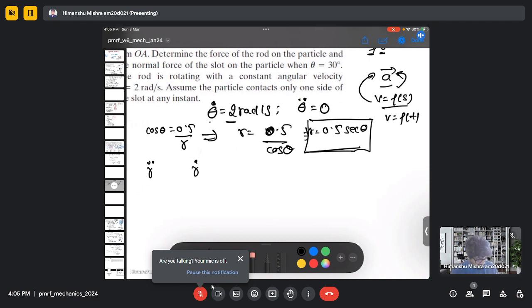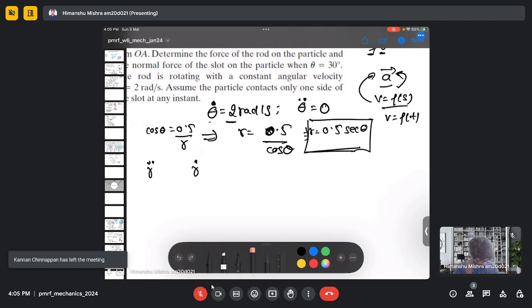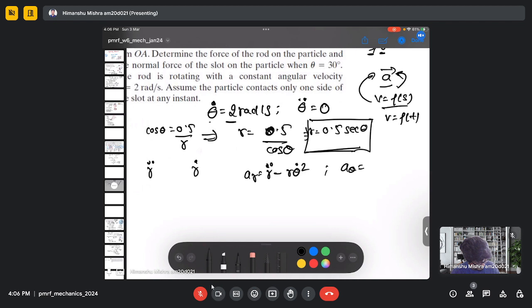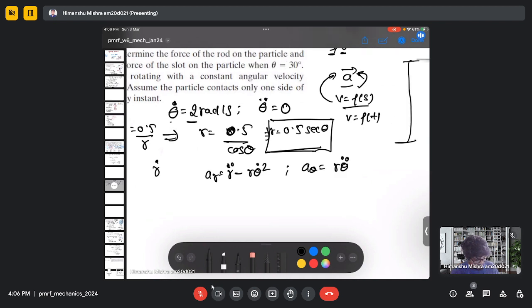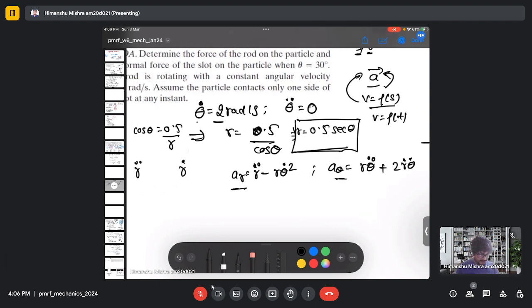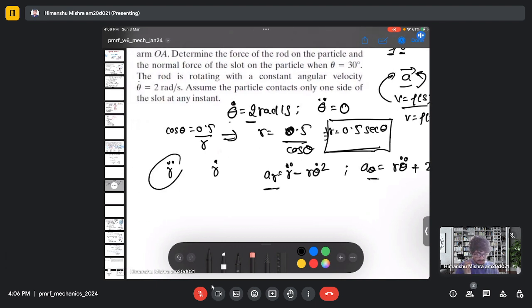So let me first write the components of acceleration. These expressions we already looked at in the previous class. And you can see that in order to calculate A_r and A_theta, we need to figure out r double dot and r dot, and also theta double dot and theta dot.